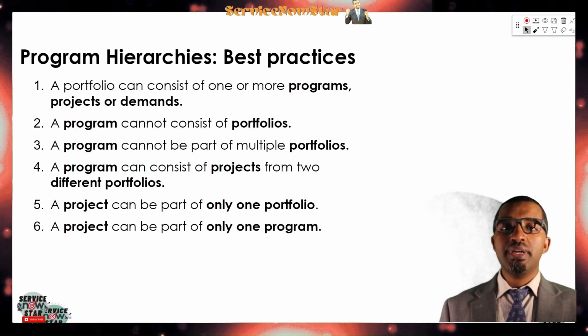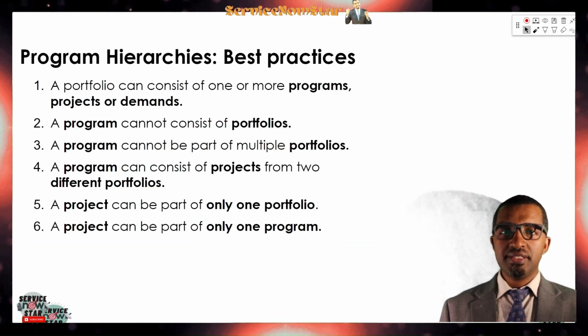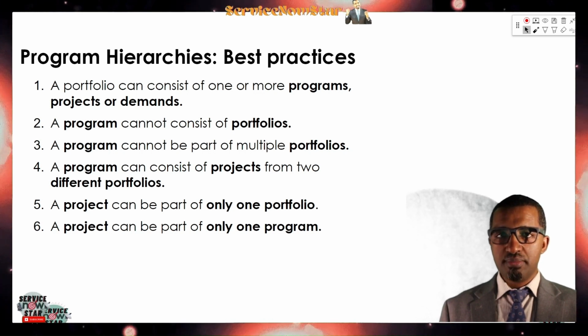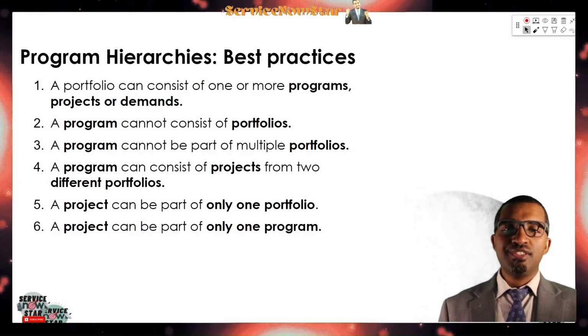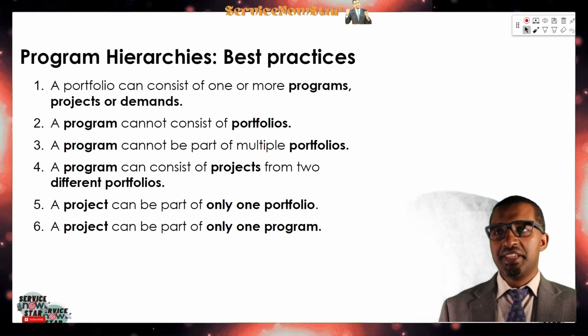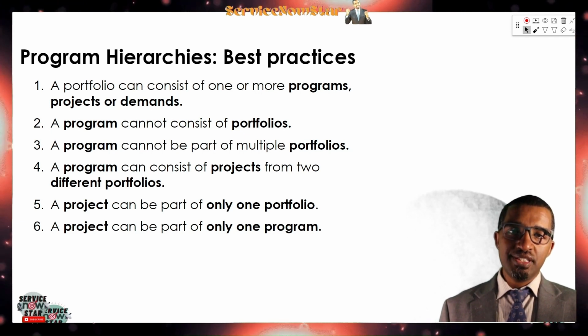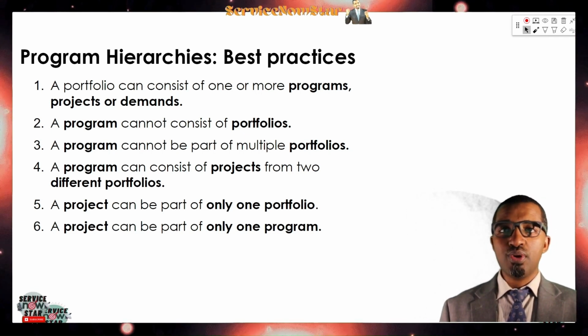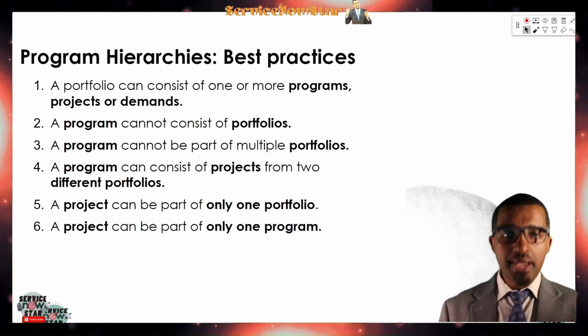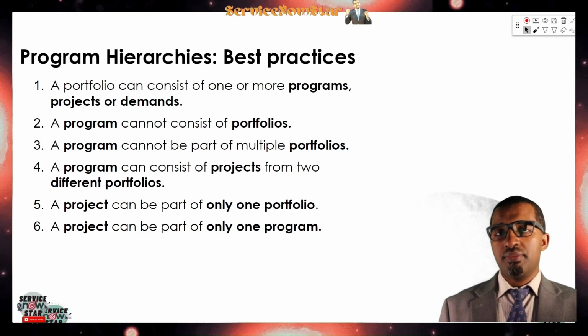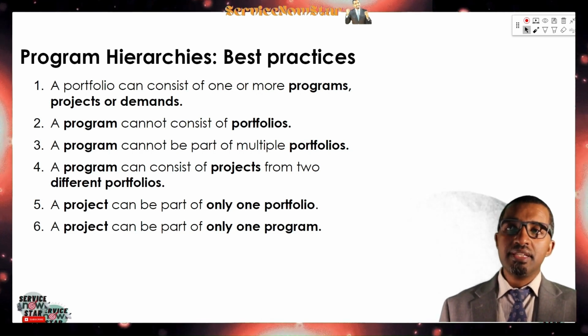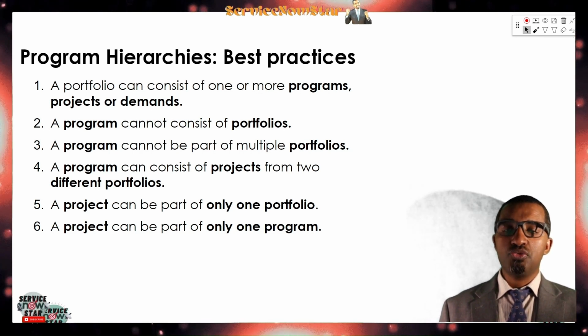Now let's take a look at some of the best practices when it comes to program hierarchy. First best practice: a given portfolio can consist of one or more programs, or it might contain one or more projects or demands. Second, a given program cannot consist of a portfolio.